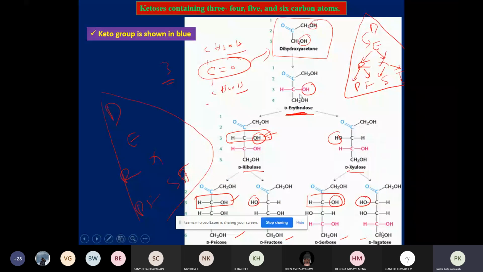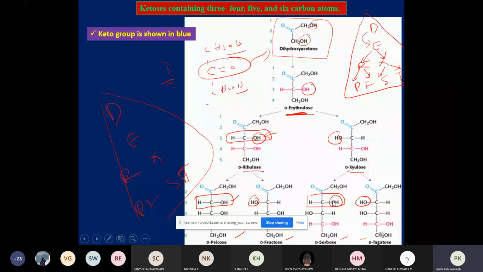When we incorporate one more carbon chiral center next to the keto functional group, it gives D-erythrulose, and then incorporation of one more carbon next to the keto functional group and positioning the hydroxyl group once on the right side, once on the left side, gives D-ribulose and D-xylulose. From D-ribulose we get psicose and fructose, whereas from xylulose we get sorbose and tagatose, when we introduce one more chiral carbon.